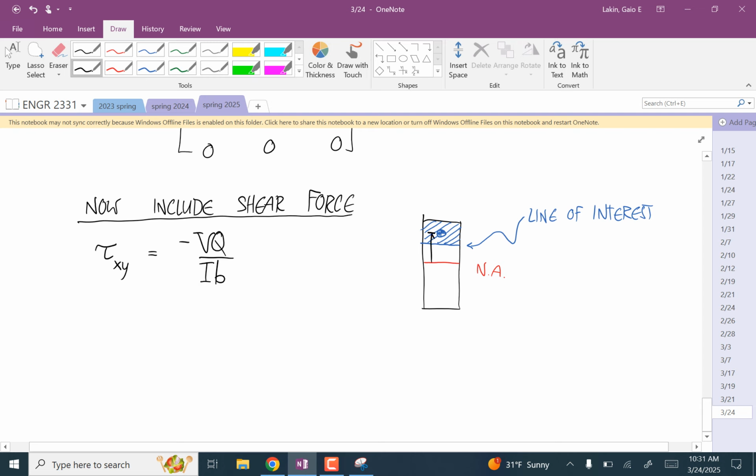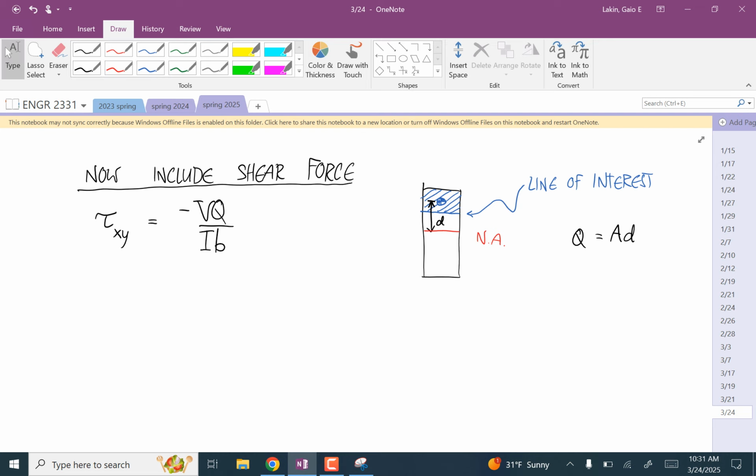Calculate the distance from the neutral axis to that centroid. And Q is equal to the area, that blue area, times that distance. That means absolutely nothing physically. When you go through this long derivation, you end up with a bunch of factors that you can group together and call one thing to simplify how to memorize this.